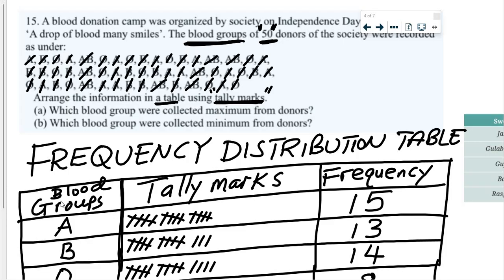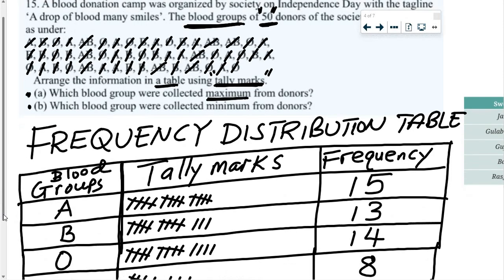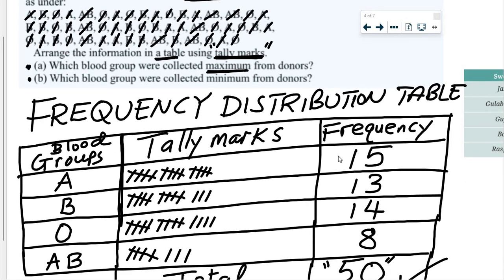Now, the next questions. After putting the information in a frequency distribution table, which is a table with tally marks, let us answer these 2 questions. Which blood group was collected maximum? Look for the higher frequency. The higher frequency is 15. Which blood group?